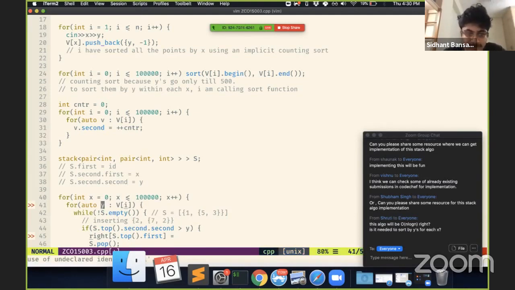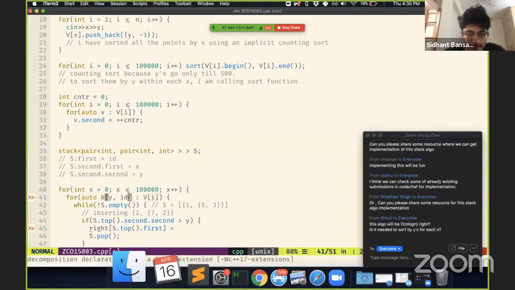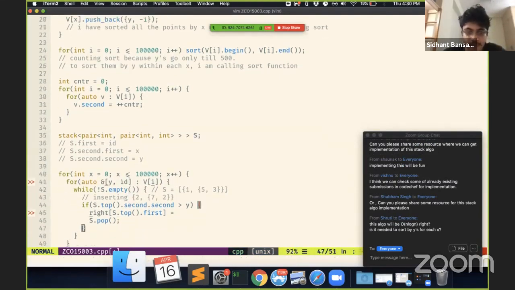Okay. And this thing will actually be v, ID. And here I'll say right of this thing is the ID. That is, this guy's bottleneck is done by this point, which is extracted here, the second element of the pair.